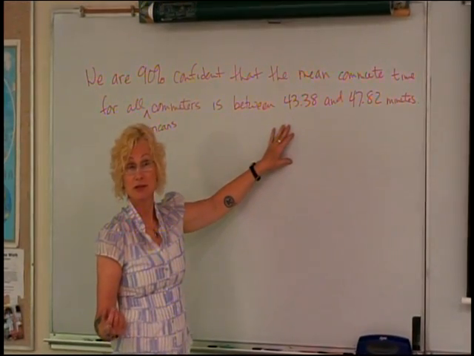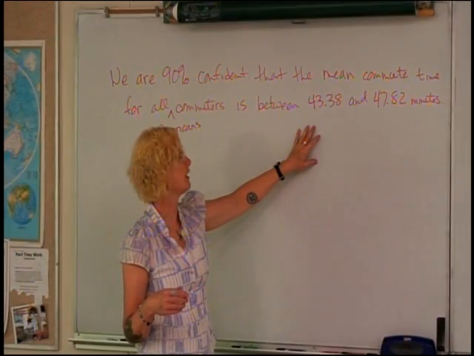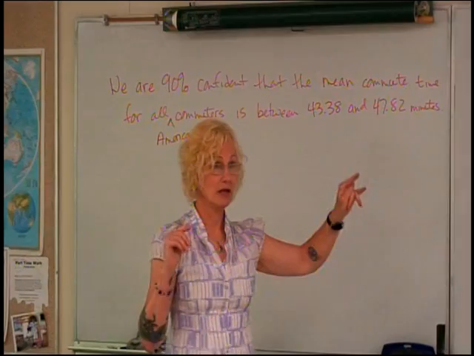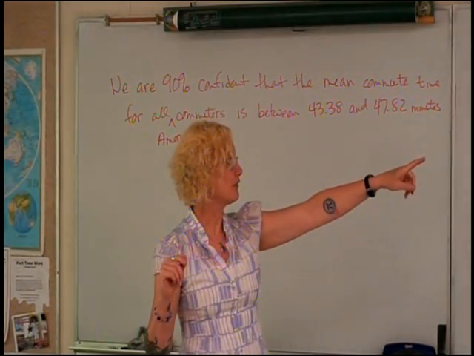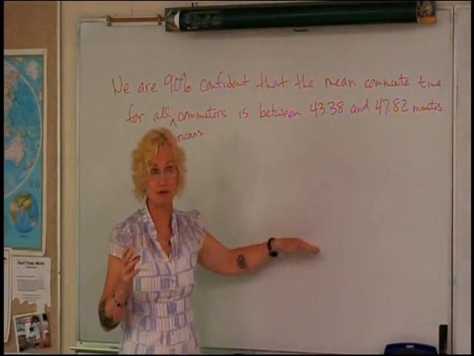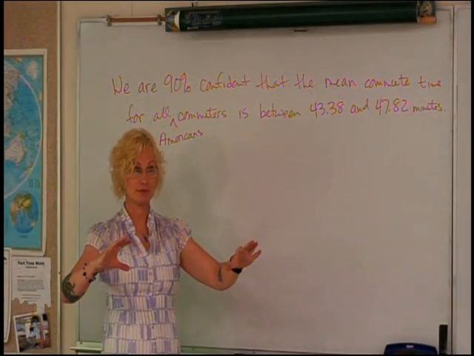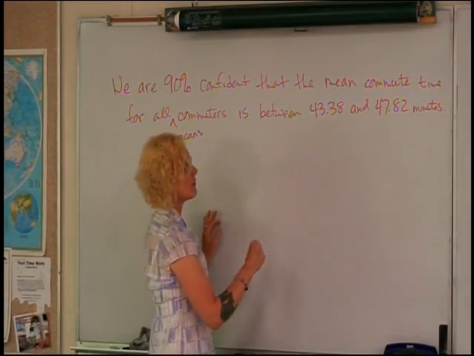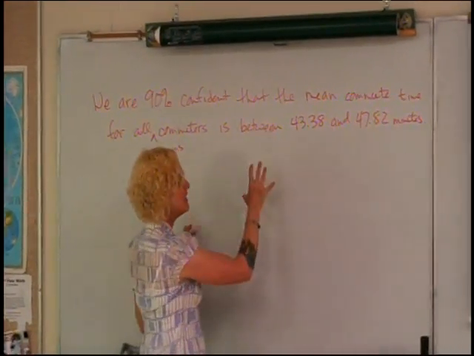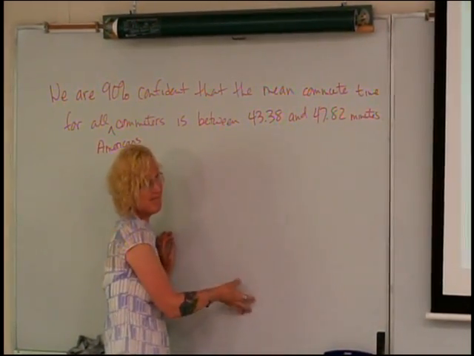No. The confidence interval is saying, if we took 100 samples of size 547 and constructed 100 confidence intervals from those samples, 90 of them would contain the true value of the mean. 10% wouldn't.